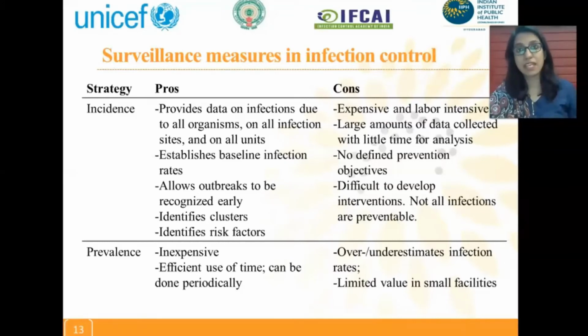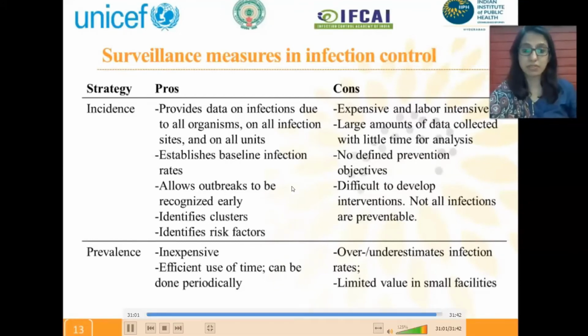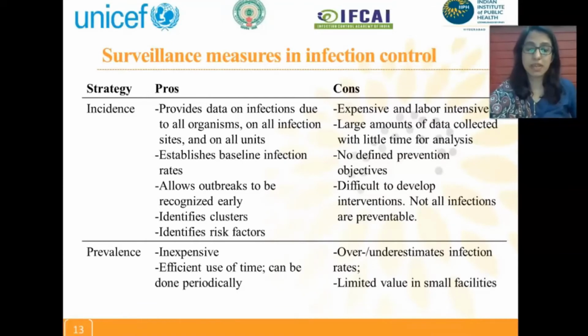However, in limited resource settings, if you look at the prevalence data, it is relatively less expensive. You can get maximum information in less time, and you can use prevalence measures and do the surveillance periodically, so it will even reduce your resources. The only limitation is that there can be over or underestimation of infection.